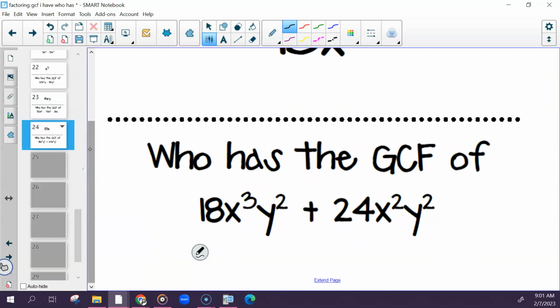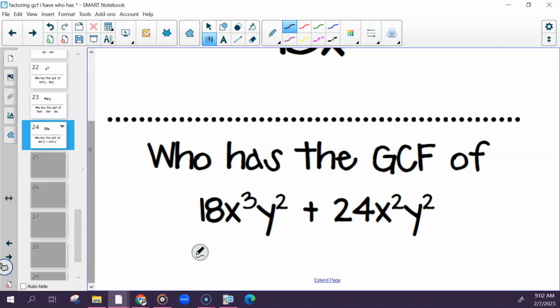18x cubed y squared plus 24x squared y squared. So whoever has that GCF, you are up next. It's between you.